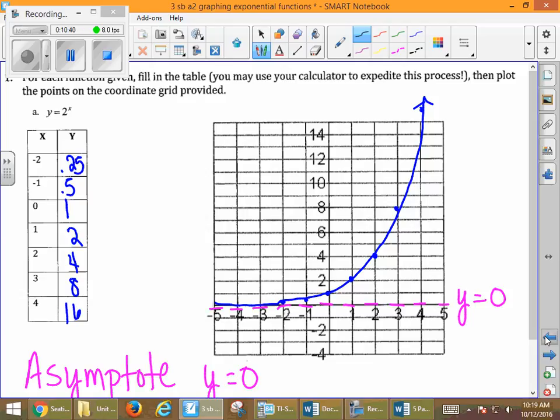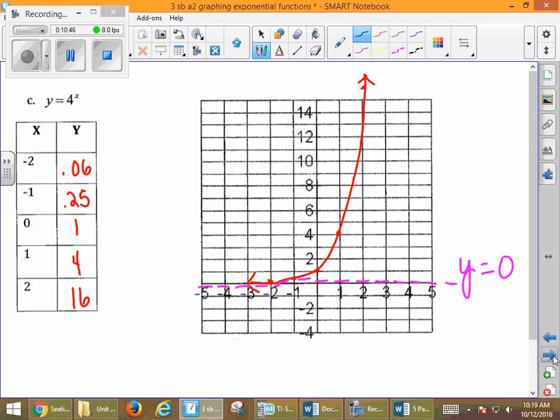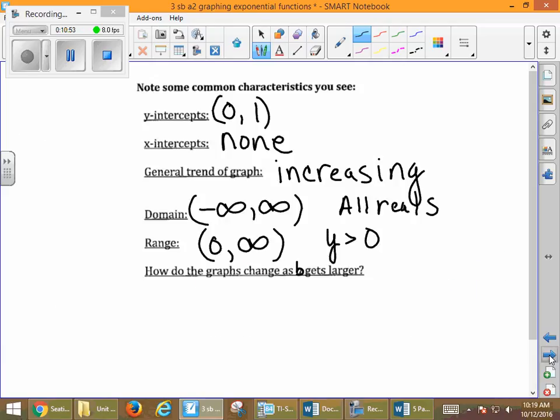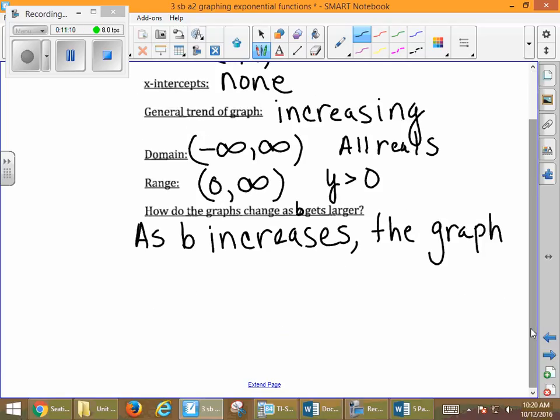We're out and about there, and then we're not quite out so much, and then we're out even a little bit less, and really the way to describe that is, as B increases, as our base increases, the graph becomes steeper.